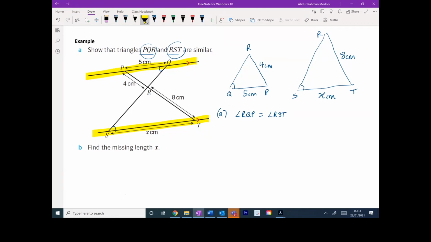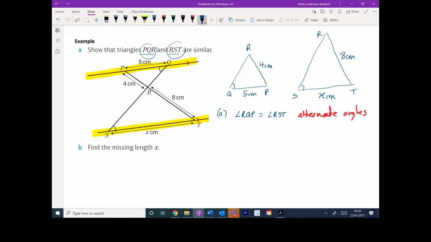And so therefore, angle PQR and angle RST are alternate angles, okay, because we can see that Z shape in there. So there's our alternate angles. So these two are alternate angles, and we'll write that down here, alternate angles, and that's why they are equal to each other.